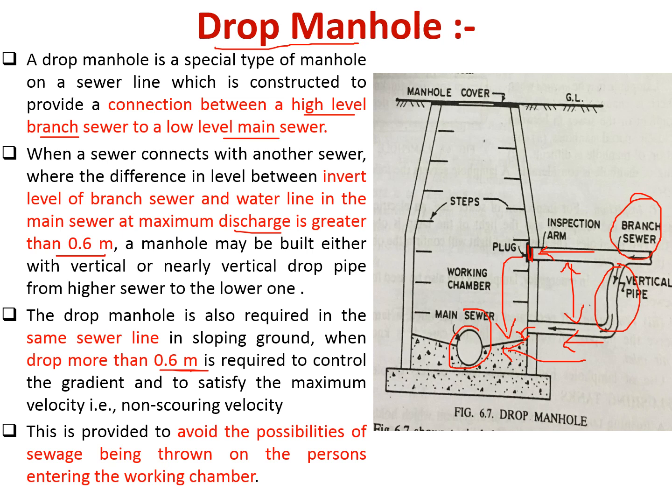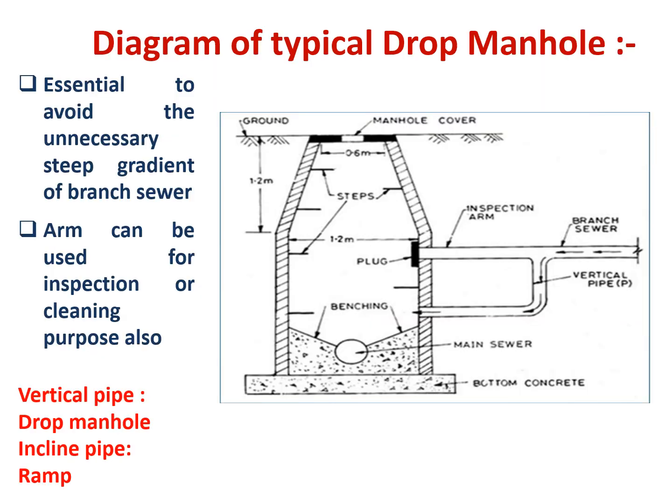This kind of drop manhole avoids the possibility of sewage being thrown on the persons entering the working chamber. So this plug is to be provided, and instead of that, if you provide an inclined pipe like this at this position only, then it is called a ramp.